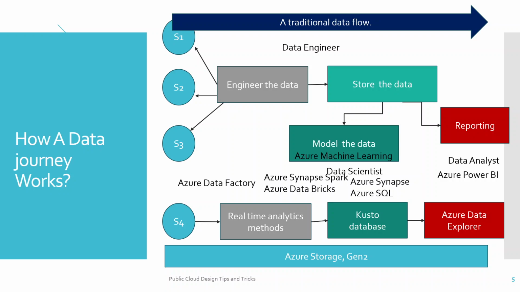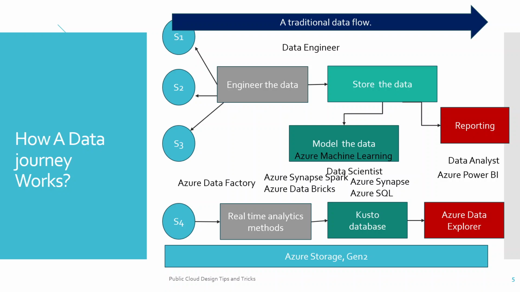Once you engineer the data, then you have to store that data for further analysis or for reporting purposes. After storing the data with your necessary requirements, you can also create different models using machine learning methods, so you can create different models to take different business decisions.